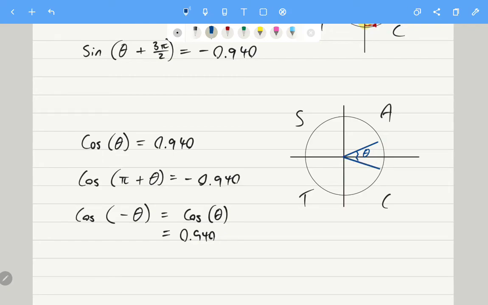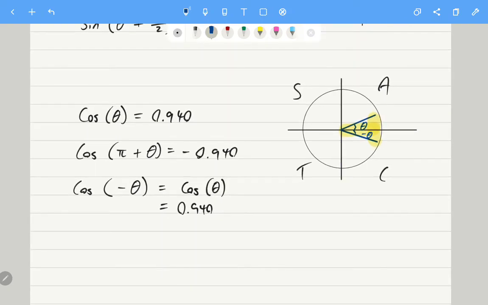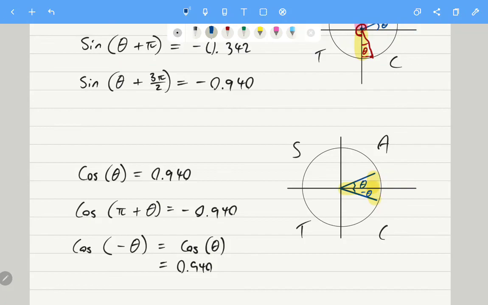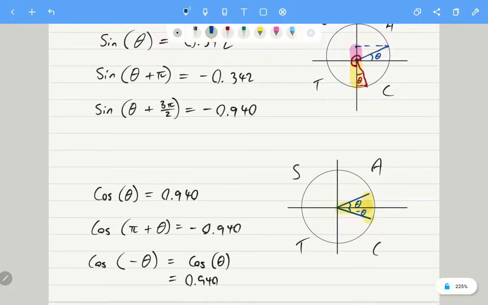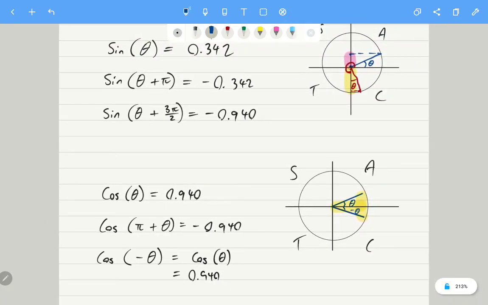And you can see that the horizontal coordinates for both of these are exactly the same if this is negative theta. So we can quickly go, oh yes, that makes perfect sense, and cos is positive in that quadrant as well. Alrighty, so this is just a little bit of playing around with these symmetries and seeing what meaning we can actually come up with. I'll see you in the next one.